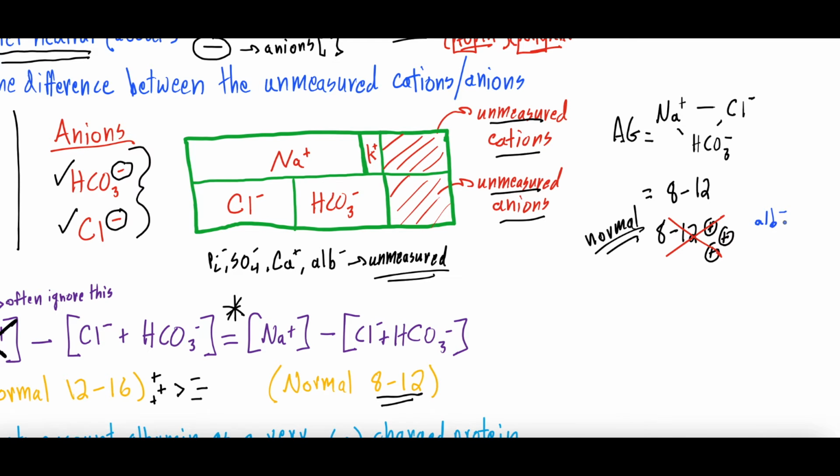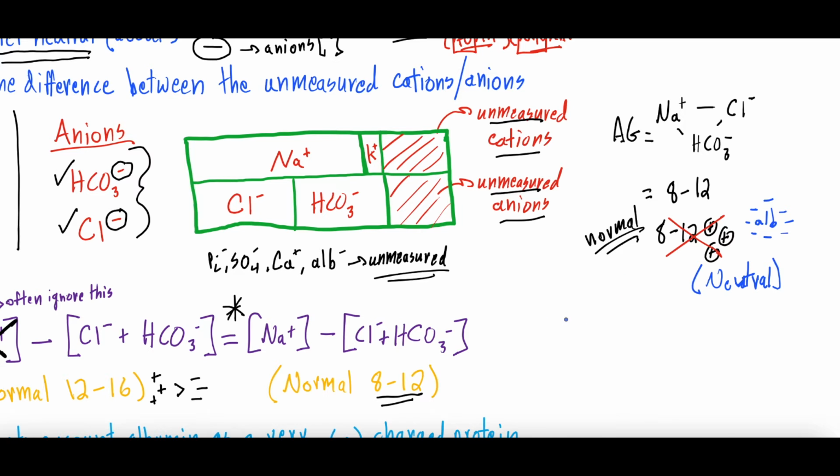We all have a bunch of albumin that's very negatively charged, right? But there are all these other negatively charged particles that are canceling out the positive cations that this equation implies are always floating around, to make sure that you stay net neutral. So what we do when we look at anion gap versus non-anion gap is essentially use this imperfect equation to tell us something about the state of the cations and anions.